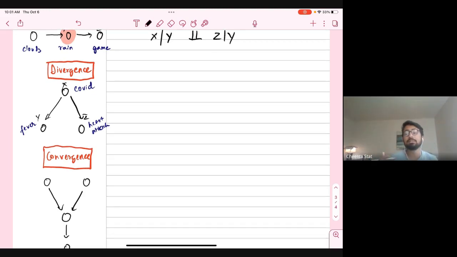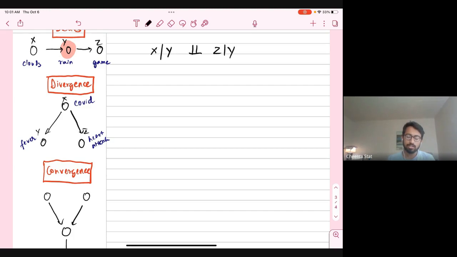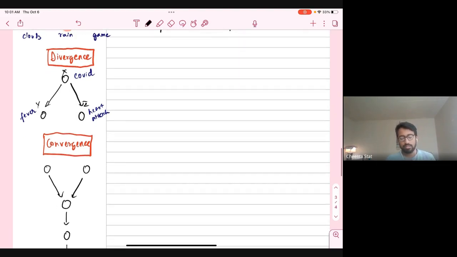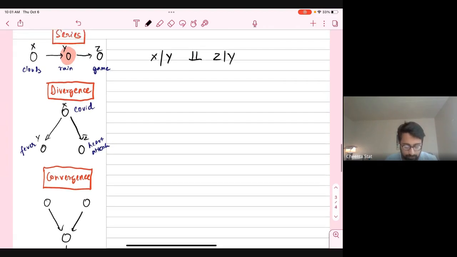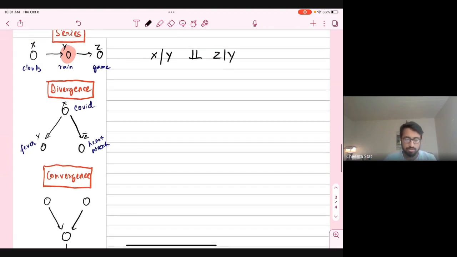So we'll see in terms of information message passing. If you know that I have COVID, the information that I have COVID does this.